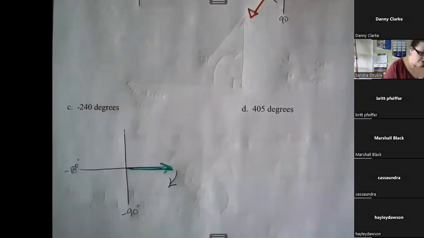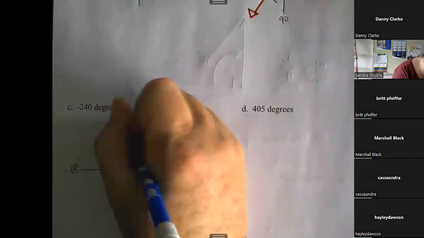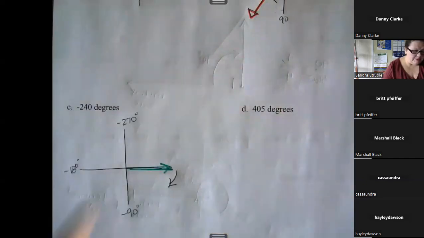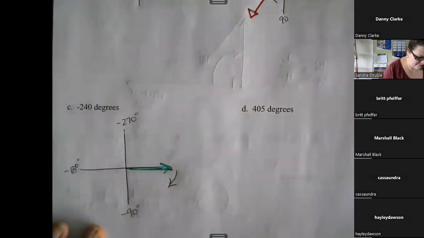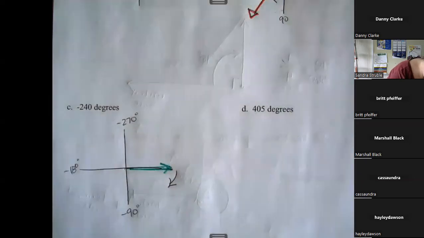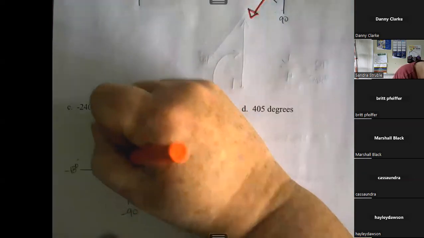This would give us negative 180 degrees. This would give us negative 270 degrees. So we want to be in quadrant 2 somewhere. So how much is that? 24, so that'd be 6. Yep. So it's literally halfway in between. No, it's not 45. So right about here, 60 degrees.